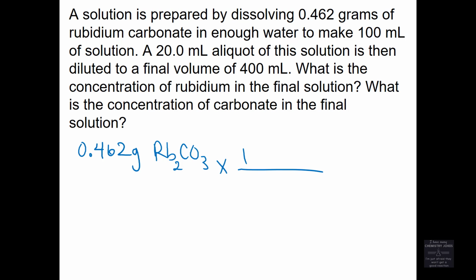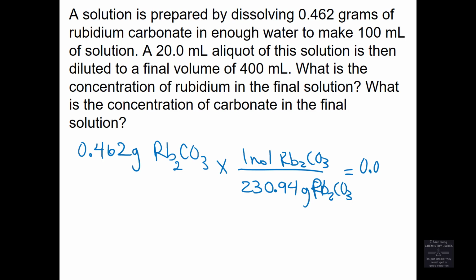I need to know that 1 mole of rubidium carbonate weighs 230.94 grams. So that would tell me moles of rubidium carbonate in my initial solution A. Do the math. Tell me what it is.